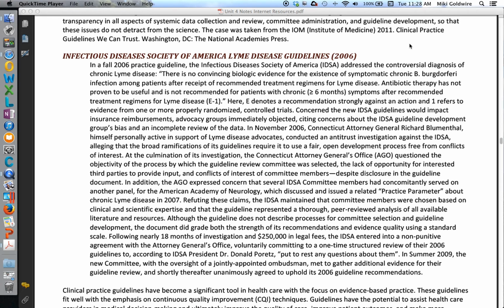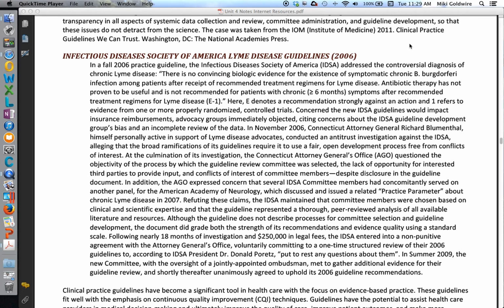Antibiotic therapy has not proven to be useful and is not recommended for patients with more than 6 months of chronic symptoms after recommended treatment regimens for Lyme disease." And that was given a strength of recommendation of E1. Here, the E denotes a recommendation strongly against an action, and 1 refers to evidence from 1 or more properly randomized controlled trials.